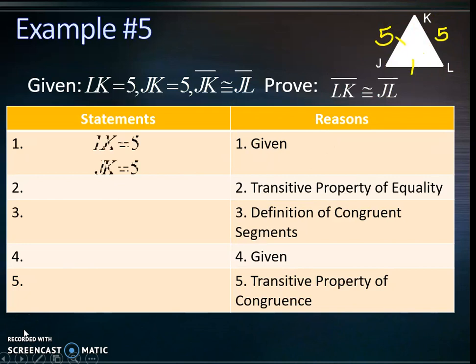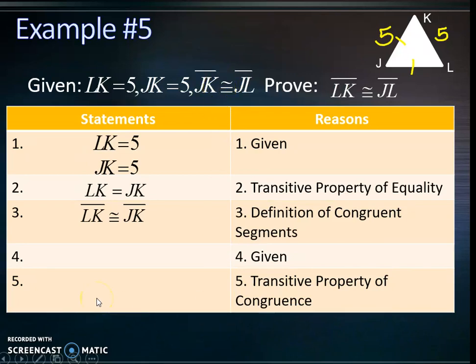So basically what we're going to write is given LK equals 5, JK equals 5. And then that means if this is 5, this is 5, then LK and JK equal each other. That's called transitive property. If this is 5, this is 5, they equal each other, that's transitive. And the next up, we're just going to write the definition of congruent segment.